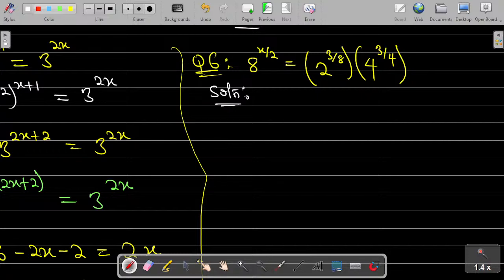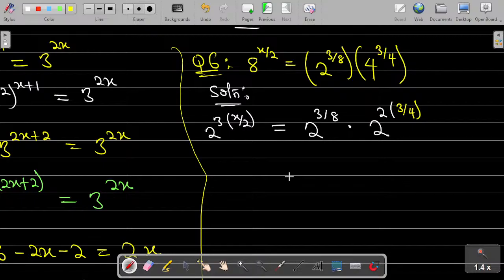Take everything to the same base, that's base 2. And that's going to be 2 to the power of 3, and that 3 will multiply our x over 2. And then on the other side, here we have 2 to the power of 3 over 8 multiplying 4 to the power of 3 over 4, where 4 you can now reduce to 2 raised to the power of 2, and then that power 2 will now multiply the existing power there, which is 3 over 4.